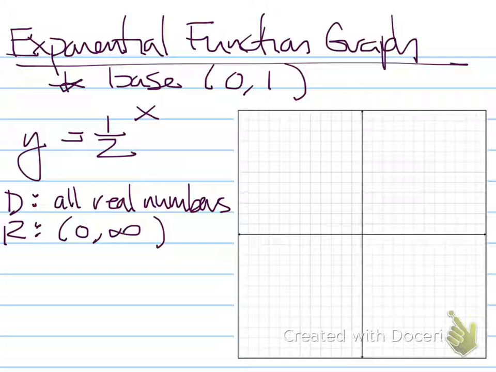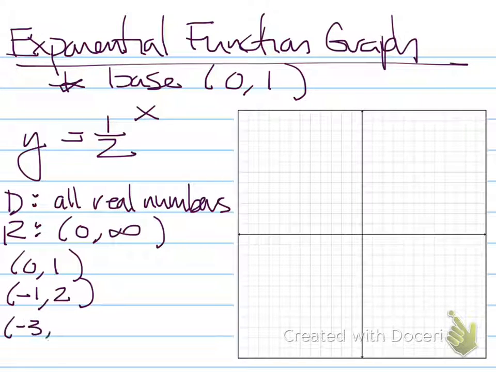The range is still from 0 to infinity. If I plug in 0 for x, anything to the 0 power is just 1. If I plug in -1 for x, to make that negative exponent positive, we would take the reciprocal of the base, so we'd have 2 to the positive 1 power, which is just 2. 1/2 to the -3 power would be 8.